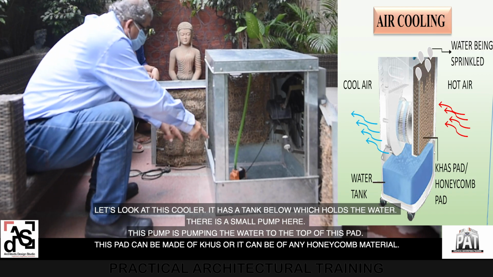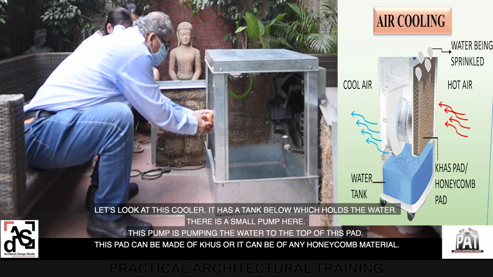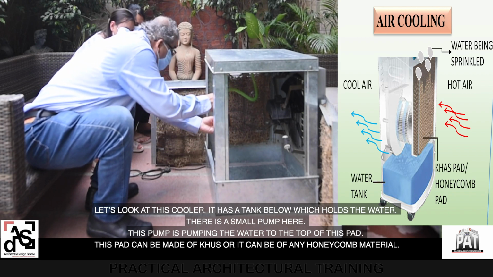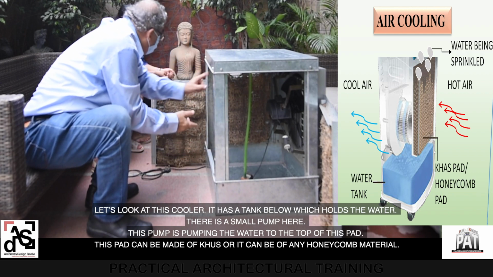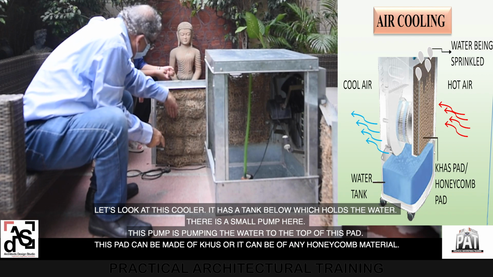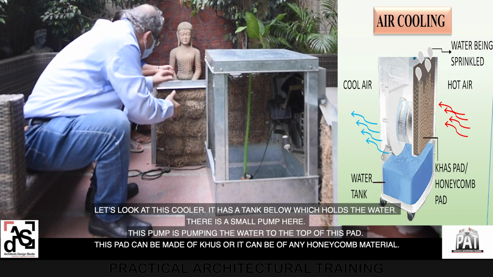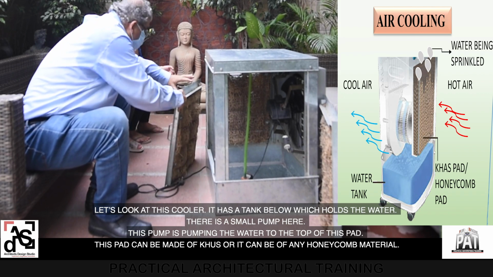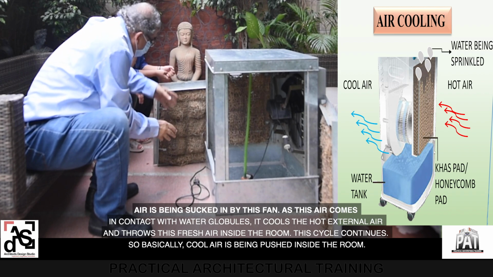Let's look at this cooler. It has a tank below which holds the water. Just look closely. There's a small pump here. This pump is pumping the water to the top of this pad. This pad can be made of khass or it can be made of any honeycomb material. Air is being sucked in by this fan.